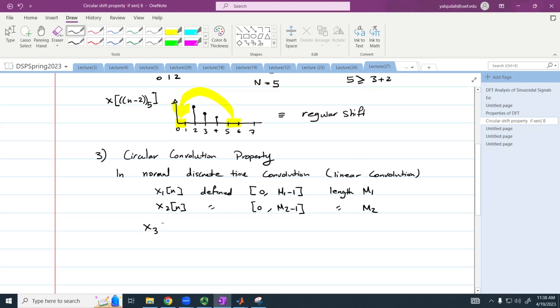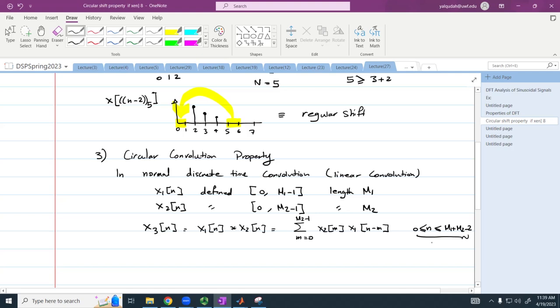then we can do the convolution to get x3 of n, which is going to equal x1 of n convolved with x2 of n, which is going to equal the summation from m equals 0 to M2 minus 1 of x2 of m multiplied by x1 of n minus m. And we're going to do that for n between 0 and M1 plus M2 minus 2.